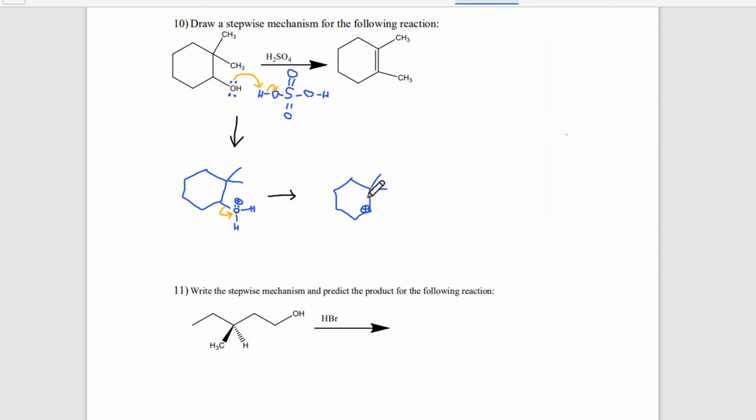You look at the carbons next to the carbocation. What kind of carbon is the bottom one? Primary, secondary, or tertiary? Secondary. What kind of carbon is the top one?